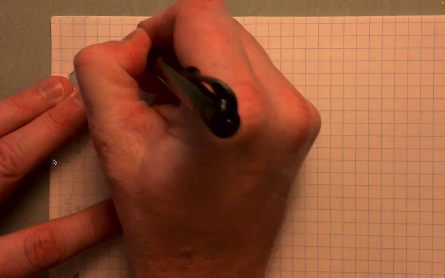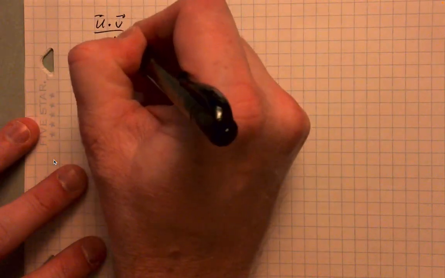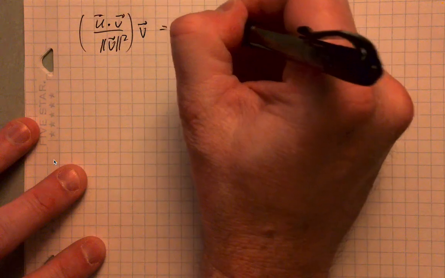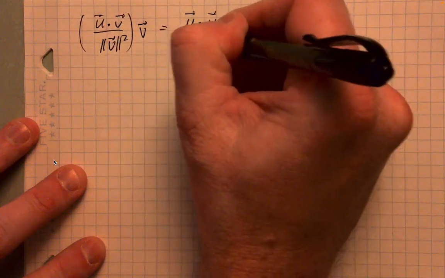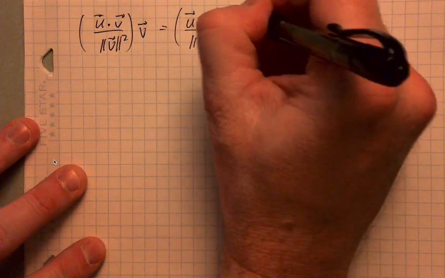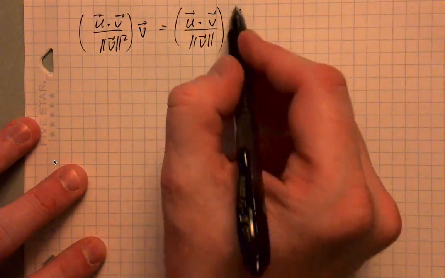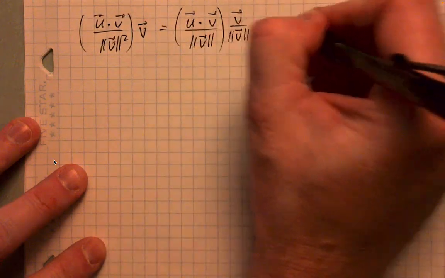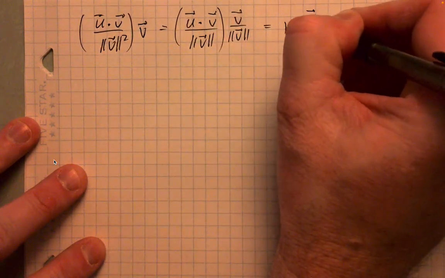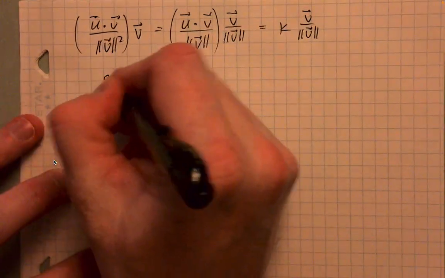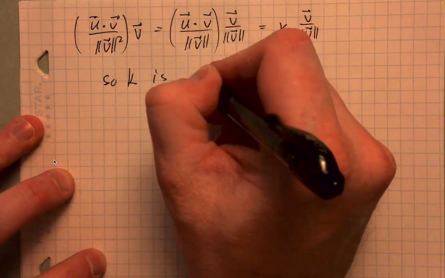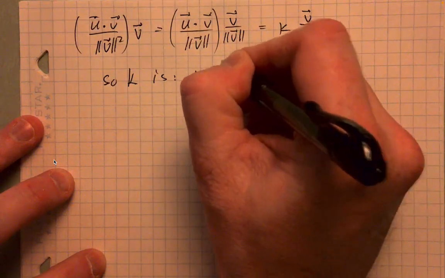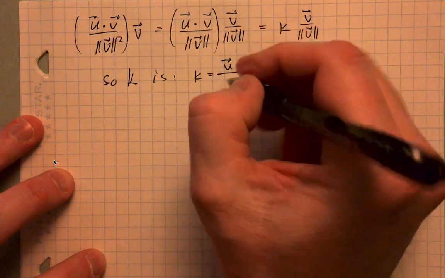Okay, this scalar K is called the component of U in the direction of V. Okay, so let's flip pages here and recap this. All right, so U dot V over the norm of V squared times the vector V. That is U dot V over the norm of V, right, times V over the norm of V. Right, so this is a unit vector, this is the scalar K. And K is U dot V over the norm of V, right?